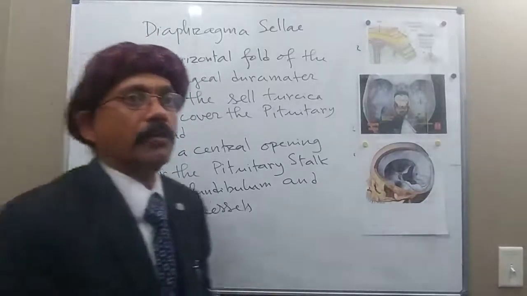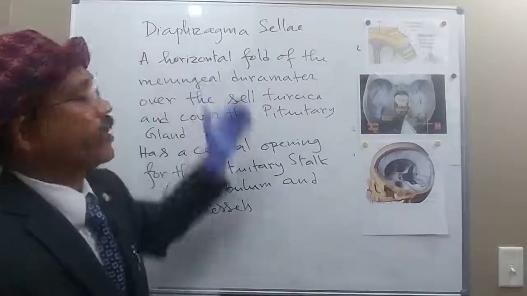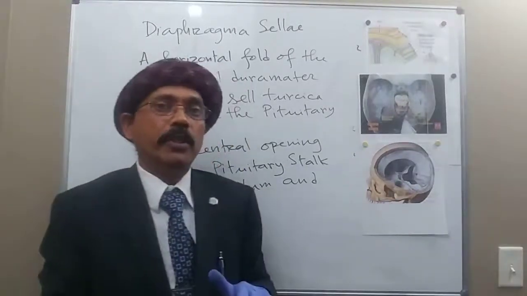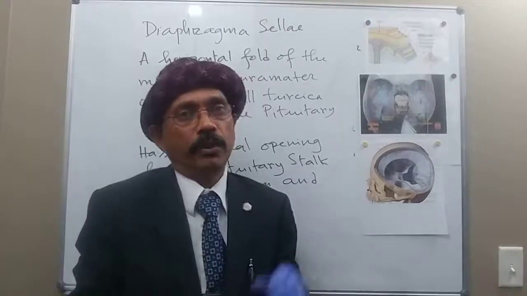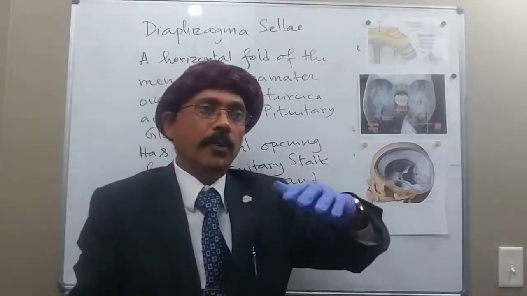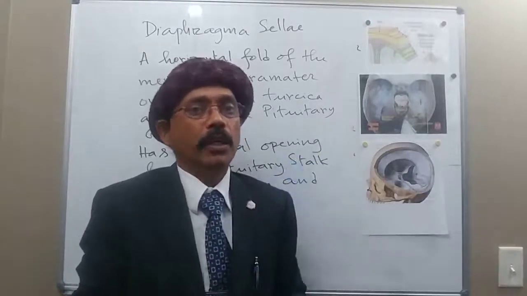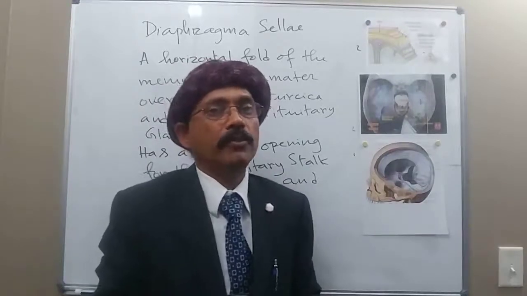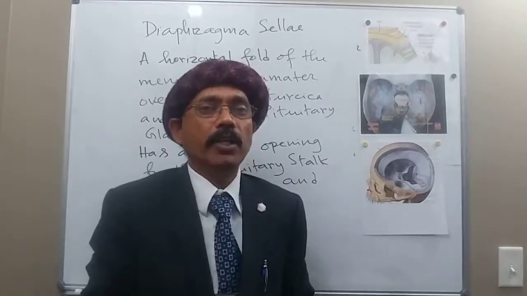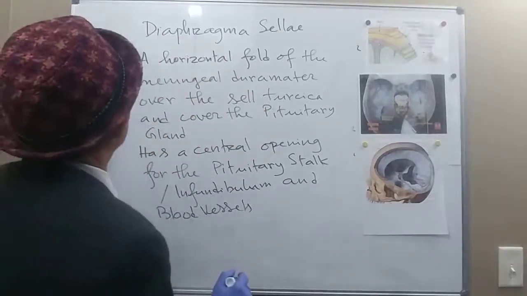That is the diaphragma sellae. What is the clinical importance of diaphragma sellae? If we have a pituitary tumor, if it is a small tumor, it may come out through that opening, or it may bulge out or balloon out the diaphragma sellae, and it may compress the optic chiasm. That may lead to bitemporal hemianopsia. So it is important.